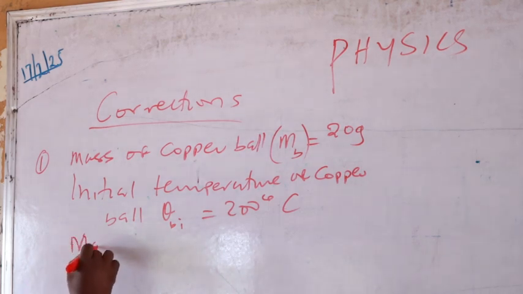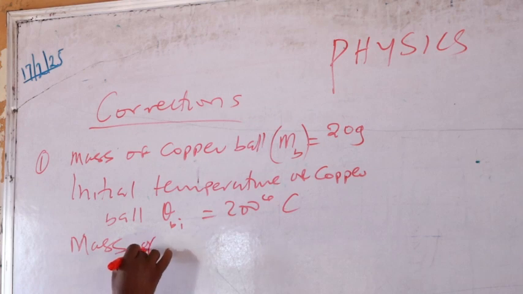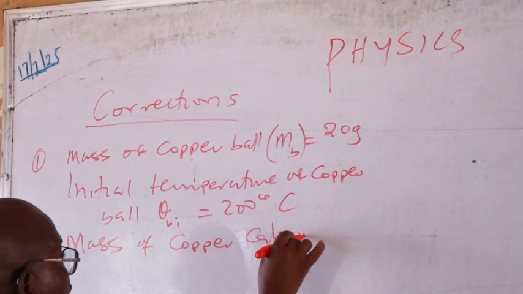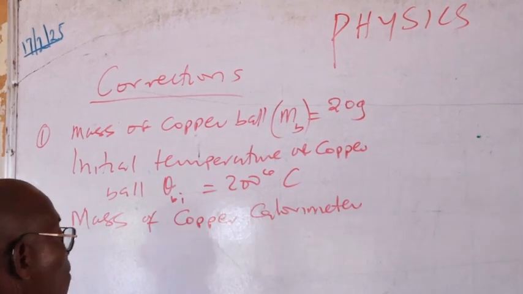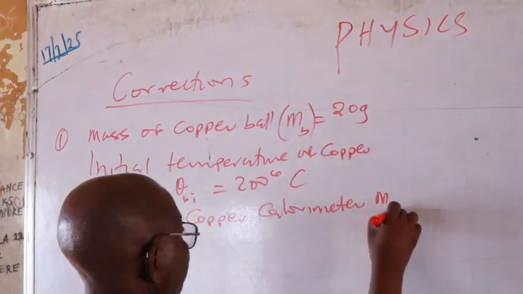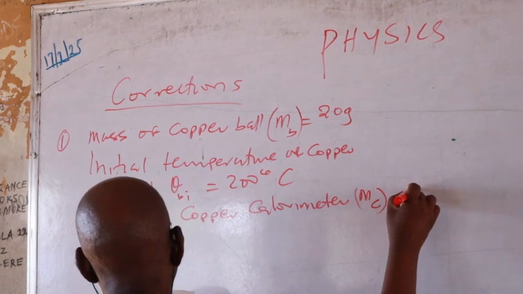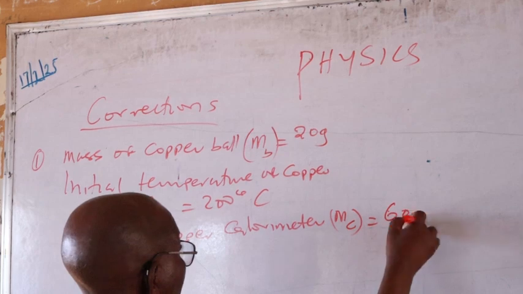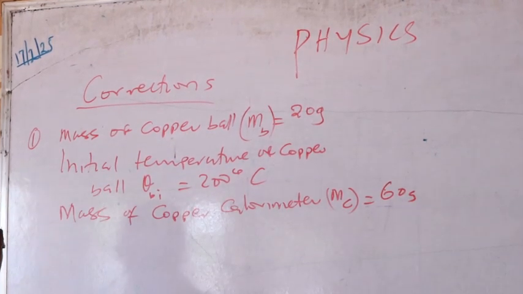So the mass of the copper calorimeter, call it MC, is given as 60 grams, containing water.